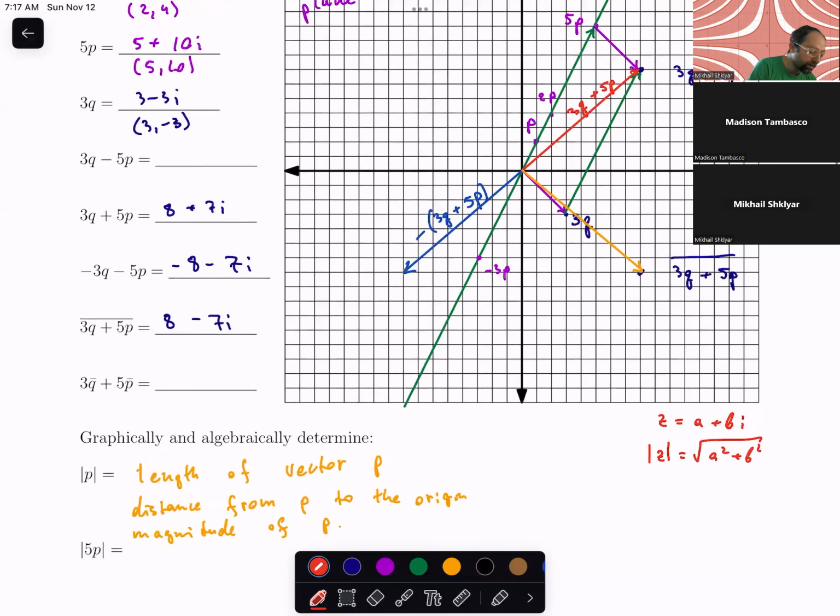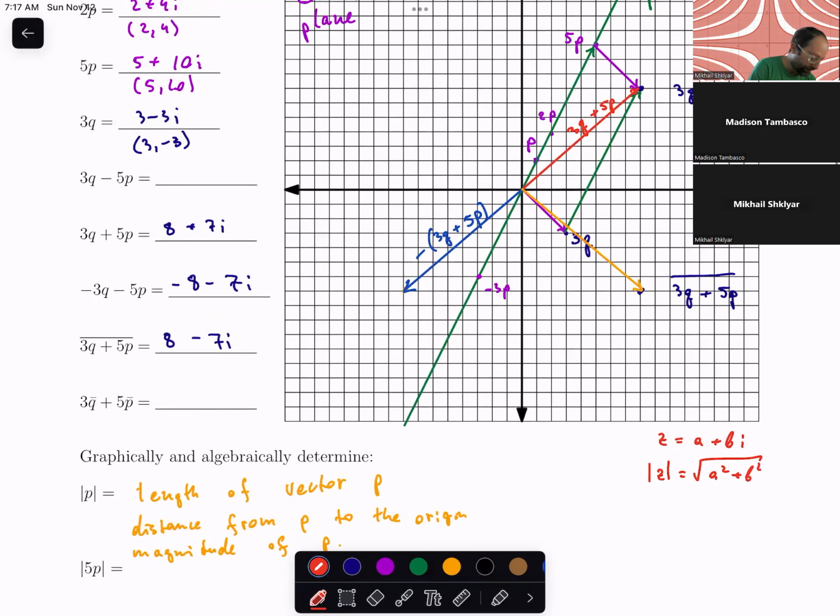Now, how does it work graphically? My diagram gets a little bit cluttered, so I'm not sure I want to do that. So I'm going to look at, let's say, 3q plus 5p. Let's look at this right triangle right here. If I want to figure out how far this point 3q plus 5p is from the origin, there's the real part and the imaginary part, and essentially this is the distance formula.